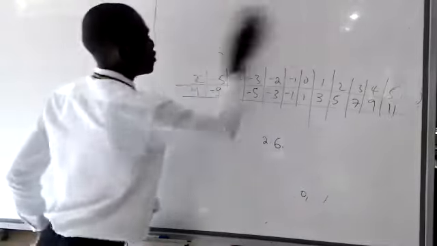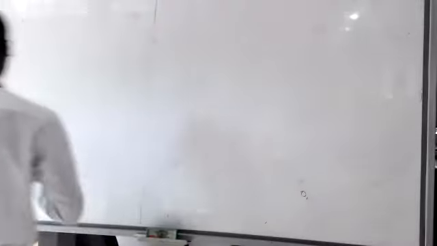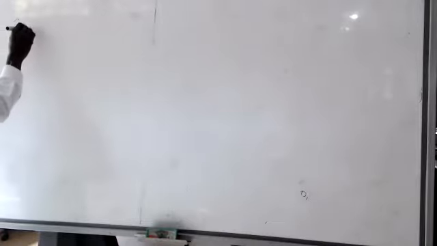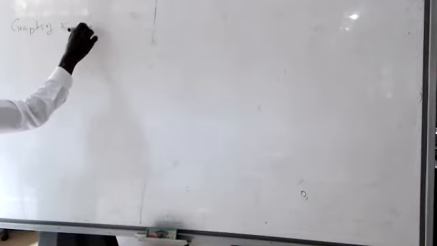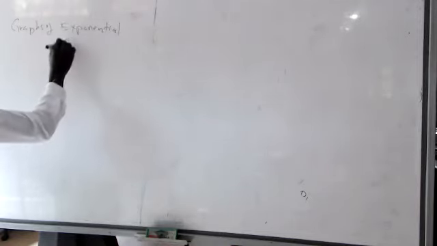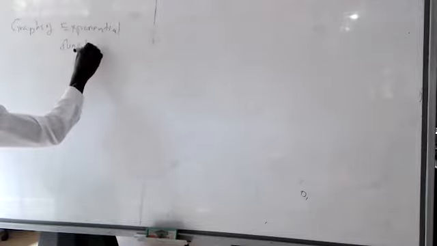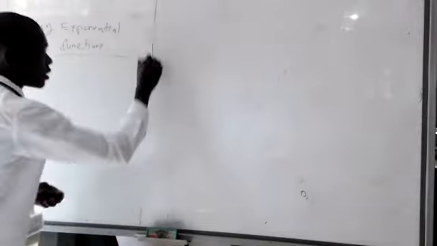Let me first deal with the exponential functions. How do their graphs look? Graphs of exponential functions. As I said before, once you understand exponential functions, by induction, logarithmic functions have also been taken care of.